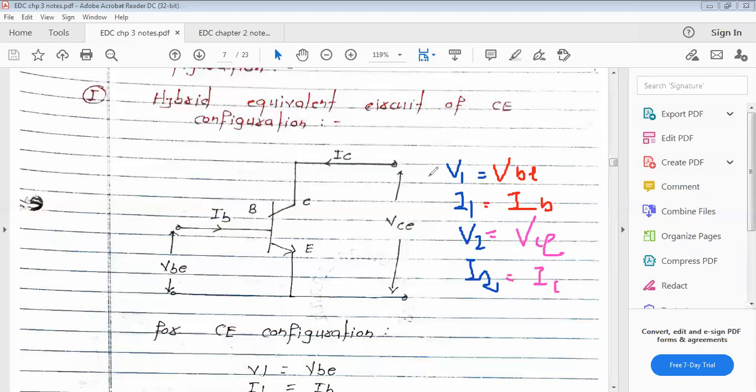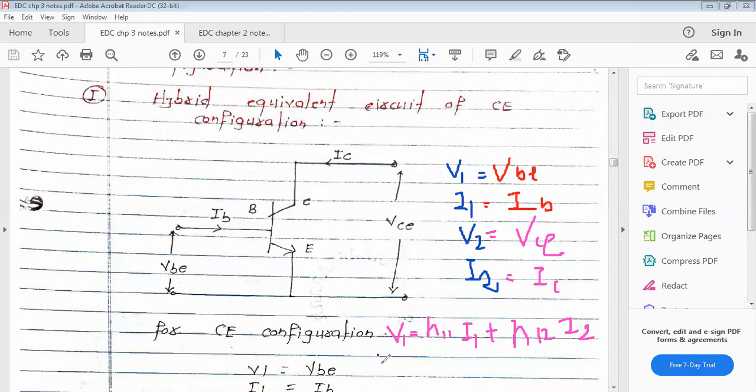Now tell me the relation for V1. We have one relation: V1 is equal to H11 I1 plus H12 I2. Now replace these with these values. What is the value of V1? It is VBE.